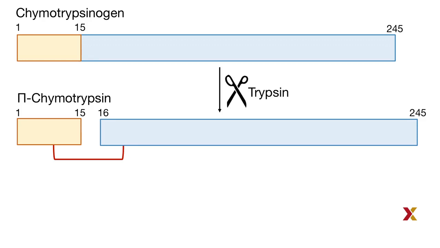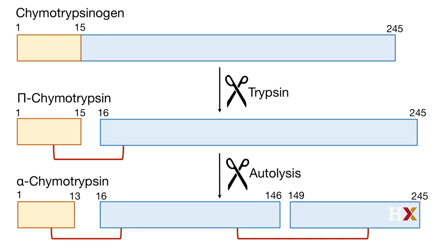This reaction is catalyzed by a protease called trypsin. The end product is the active pi chymotrypsin, in which the two cleaved fragments remain covalently attached via a disulfide bond. In the final step of the process, pi chymotrypsin takes over and digests itself. Two dipeptides are cleaved off and then released.